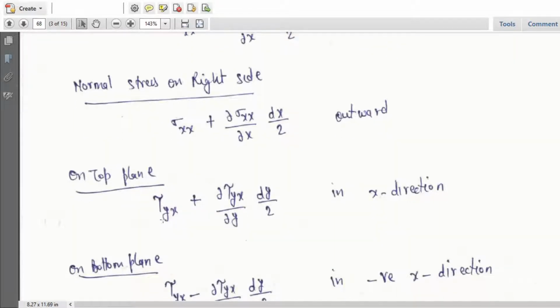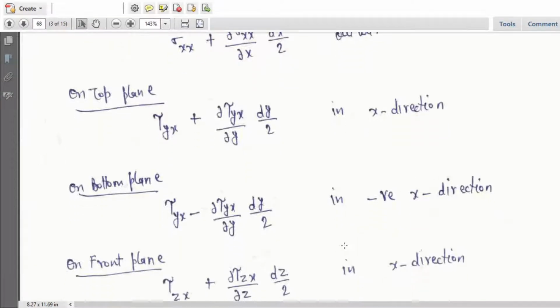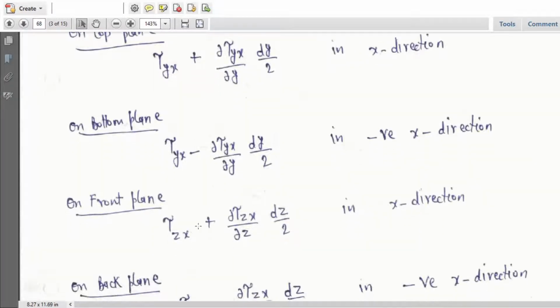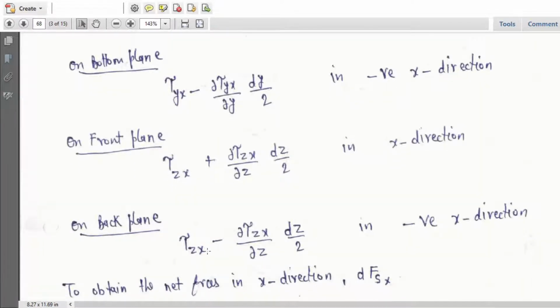On the top plane it is tau yx plus ∂tau yx/∂y dy/2 in the x direction, and the same on the bottom plane with a minus sign, again in the x direction. Then on the front, tau zx plus ∂tau zx/∂z dz/2 in the z direction, and on the back, tau zx minus ∂tau zx/∂z dz/2.